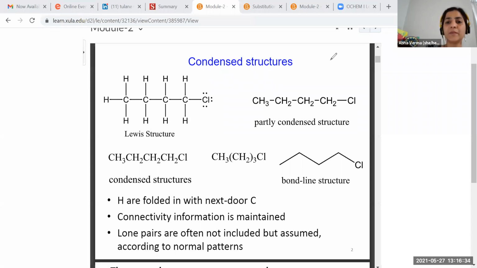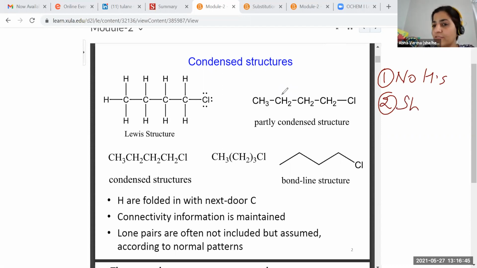So whenever you're writing a bond line structure, always remember no hydrogens to be shown on carbons, but you have to show all non-carbon hydrogen atoms.